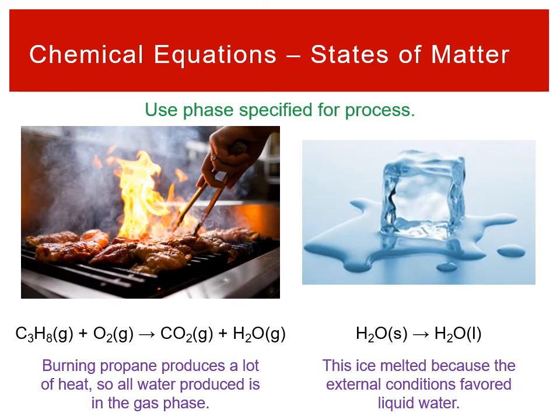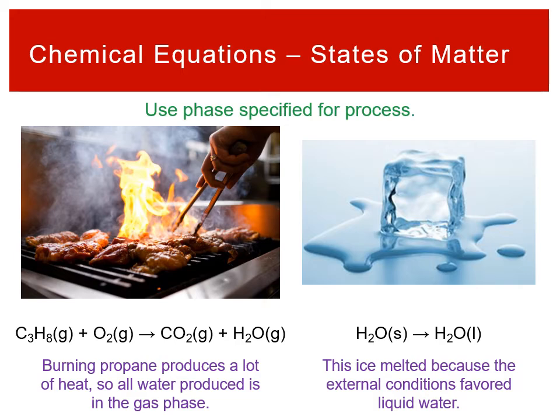When we're dealing with these sorts of phases, they're going to be really important. And in general, when we're dealing with phases, sometimes we'll learn places where we can figure them out. But a lot of times you just want to use the phase that's specified in the description.